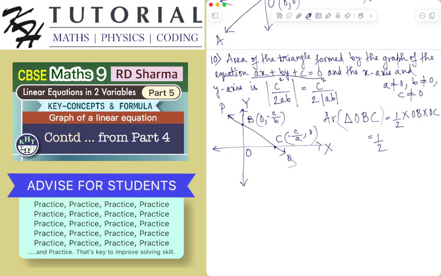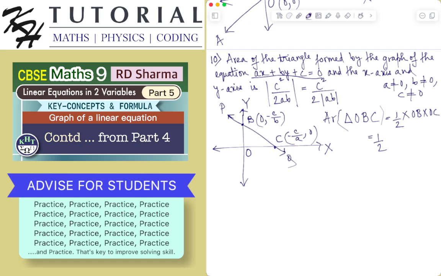OB will be C by B, even though you can see a negative of C by B, but the point B can be above the x-axis or it can be below the x-axis. If it is above the x-axis, then the ordinate of the point B will be positive, and if the point B is below the x-axis, the ordinate will be negative.